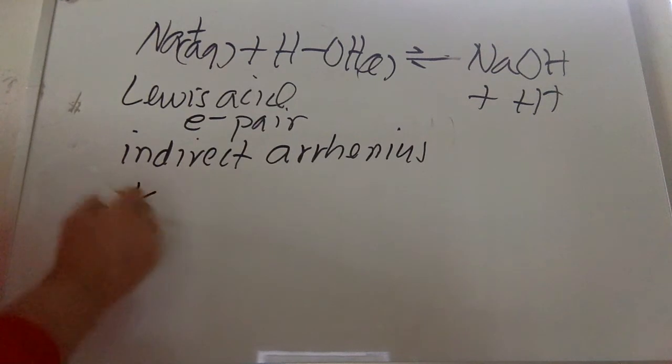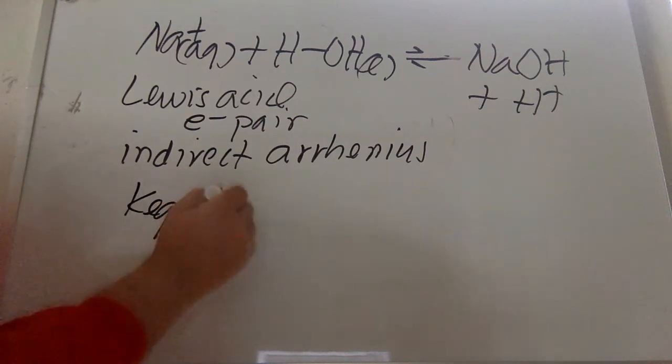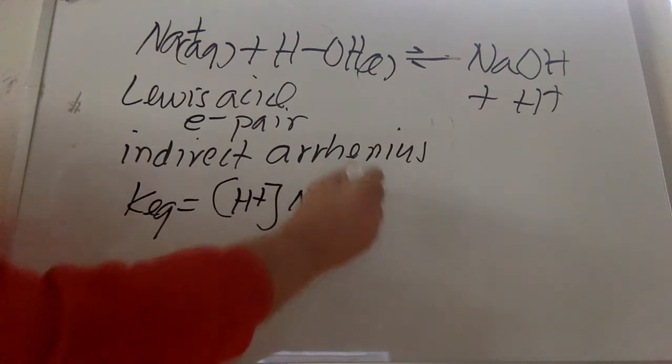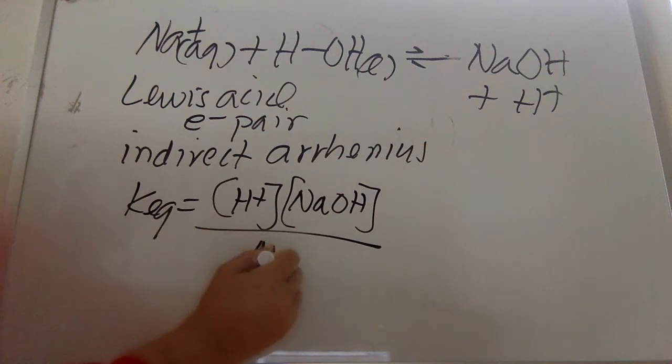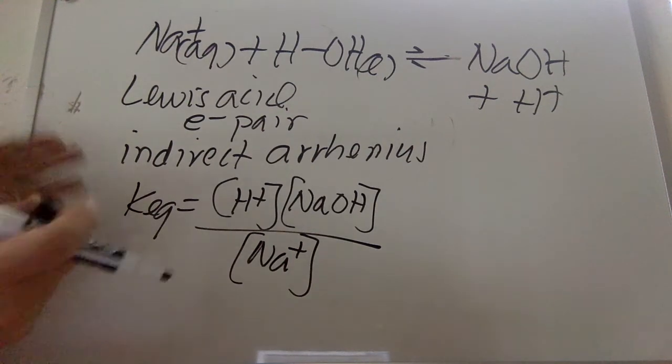Let's look at the equilibrium constant K for this. What do I have? I have hydrogen ion, I have hydroxide concentration as the ion pair over sodium. The reason I ignore the water molecule in this equilibrium expression is because it's a liquid, number one.